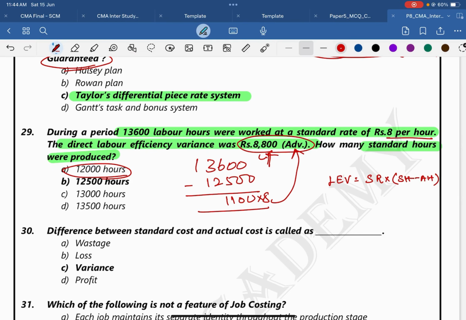They have given the actual hours. So 8,800 adverse is equal to standard rate 8 into standard hours minus actual hours, 13,600. The standard hours is what you need to find. If you solve this, you will get a standard hours of 12,500.